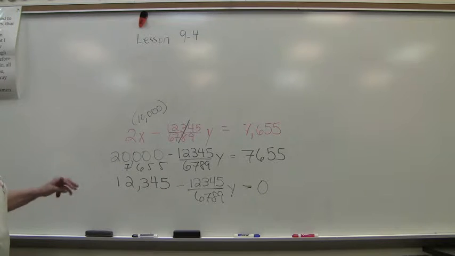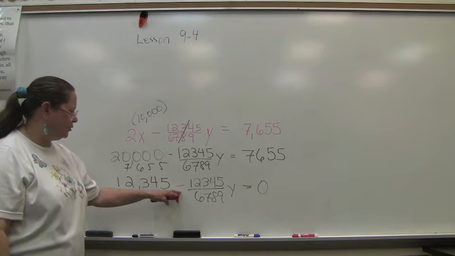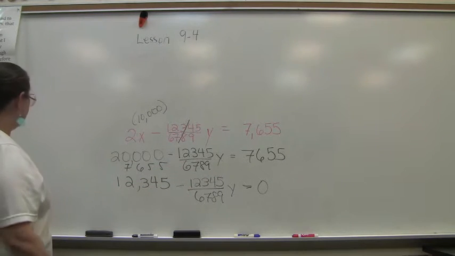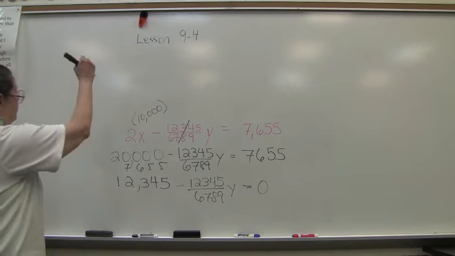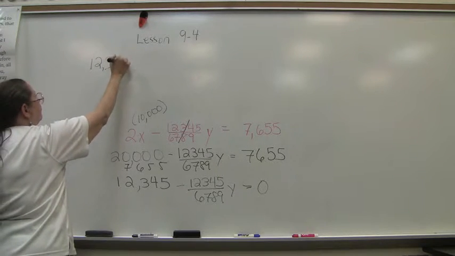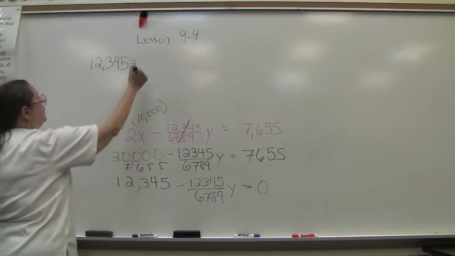Now I'm going to move this just because it's negative and I don't like negatives. I'm going to move this to the other side by adding this to both sides. So I'm just adding this to both sides.